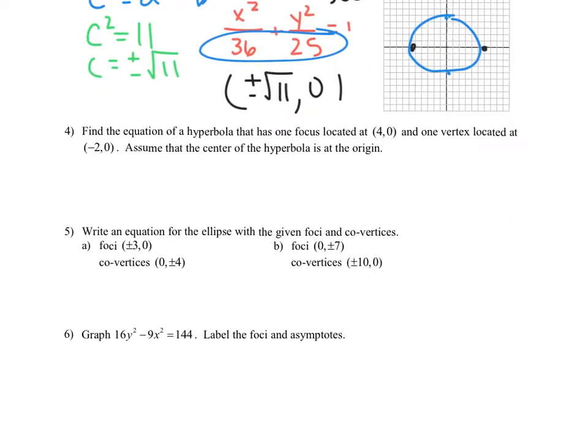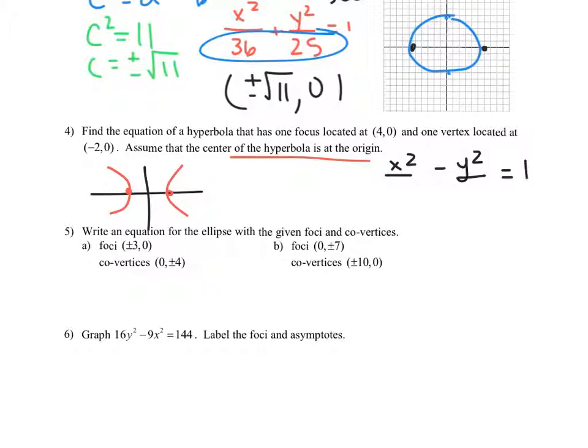Okay, number 4, find the equation of a hyperbola that has one focus at 4, 0 and a vertex at negative 2, 0. So if I know that the vertex is right here and it's centered at the origin and the other vertex is right here, it's going to look like this. So this tells me it's going to be x squared minus y squared equals 1.